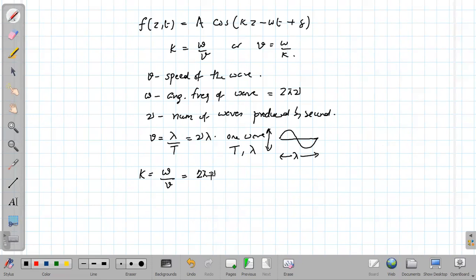Omega is 2 pi nu, and v we can write as nu into lambda, so nu will cancel, so k would be equal to 2 pi by lambda. So this k, which is 2 pi by lambda, is called the propagation vector or wave vector, where lambda is called the wavelength.